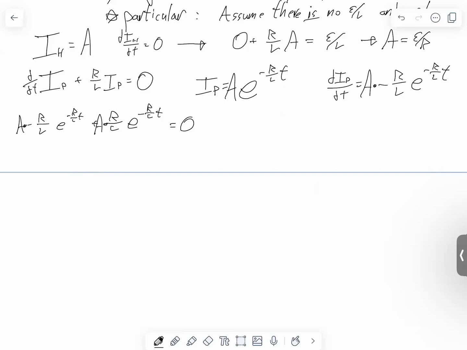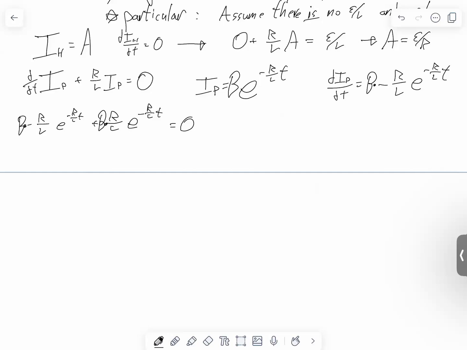Does throwing in another constant, not the same constant as before, oh God, I should say B, I don't want you to think it's the same A, does throwing a constant multiplier in change anything?